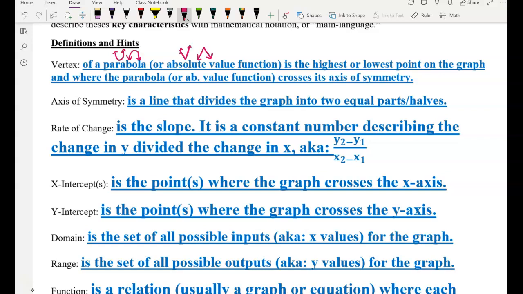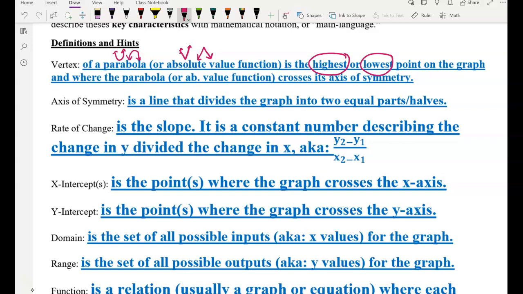Now the vertex is either the highest or the lowest point on the graph, and where the parabola or the absolute value function crosses its axis of symmetry.